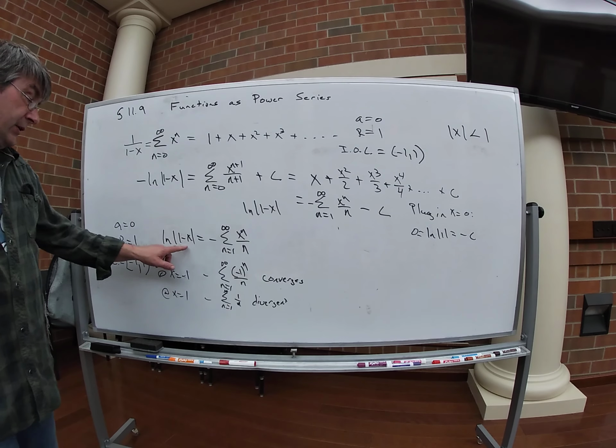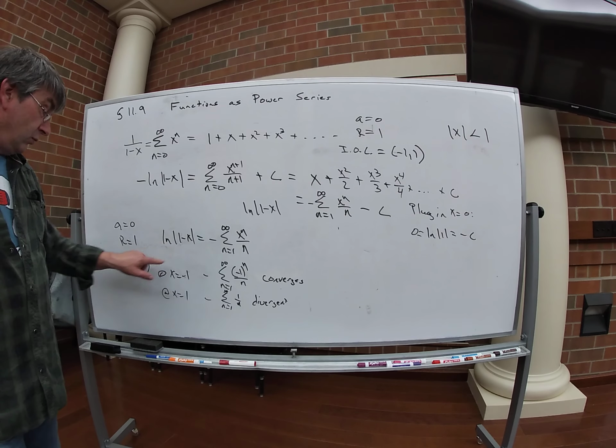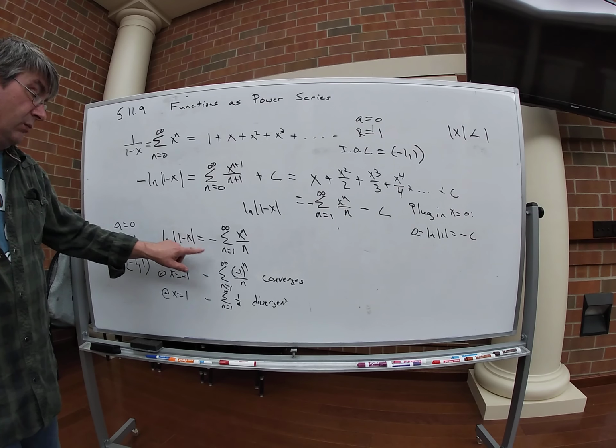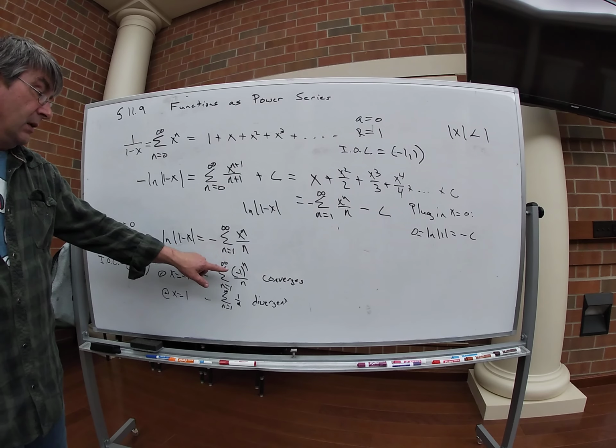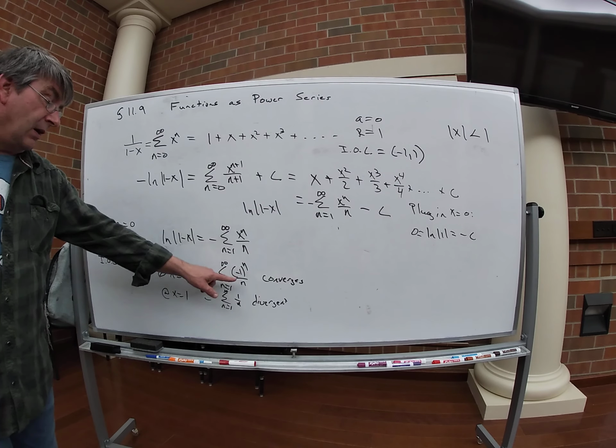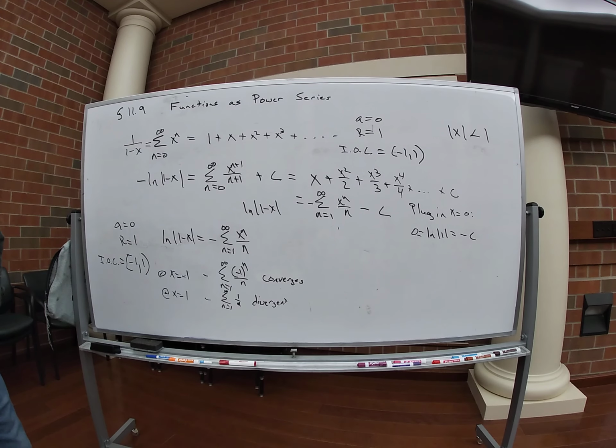So notice if I needed to know the natural log of 2, when x is negative 1, natural log of 2 would be the negative of the alternating harmonic series. So this tells me what the alternating harmonic series converges to.